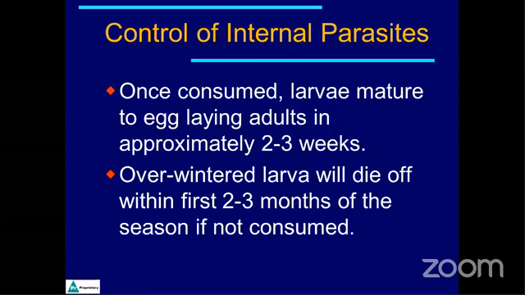So if we're going to time our dewormer around killing these parasites before they shed eggs, we're going to have to do a 3-week cycle, and that's exactly what we do. These overwintered larvae will die off. These animals work like a vacuum cleaner and pick them up and start to cycle over again. If we remove them on a strategic time basis, we'll prevent them from contaminating that pasture.